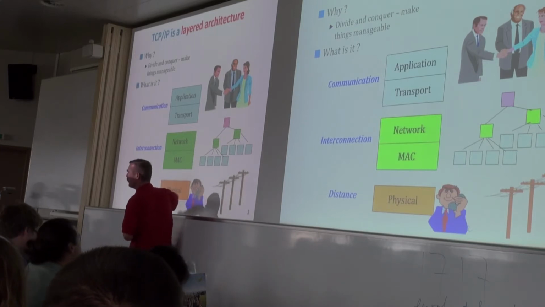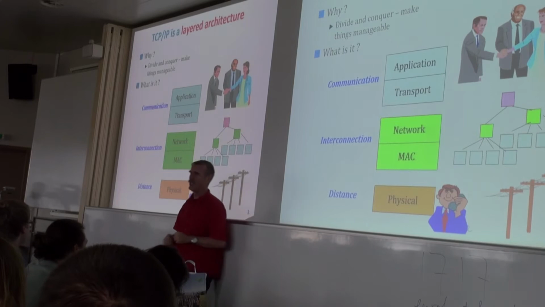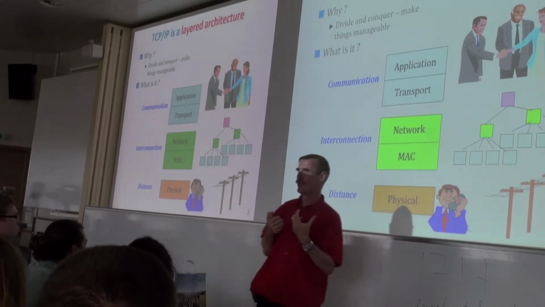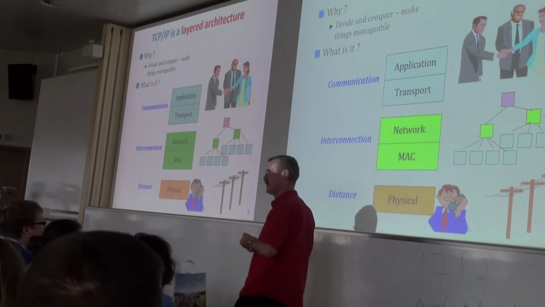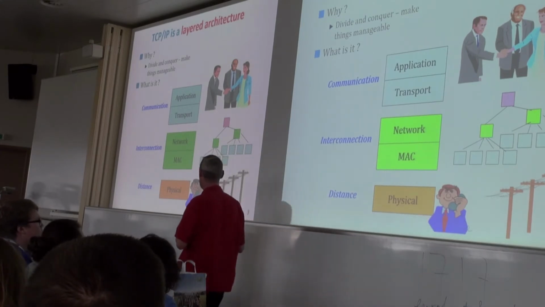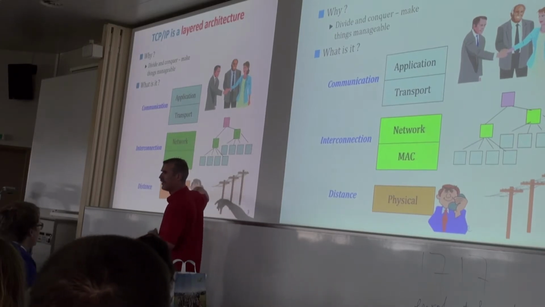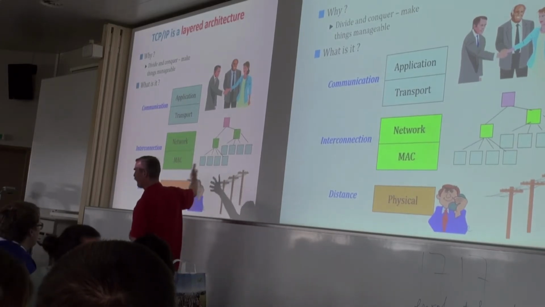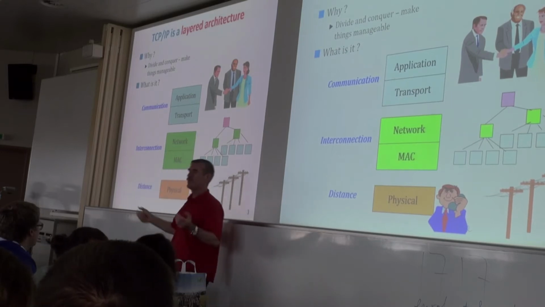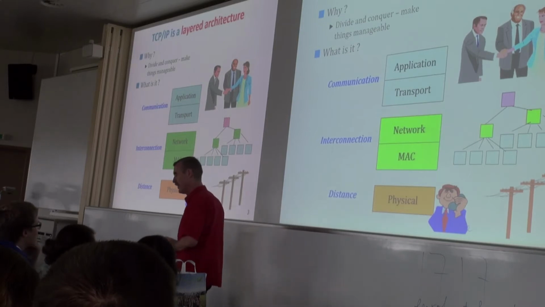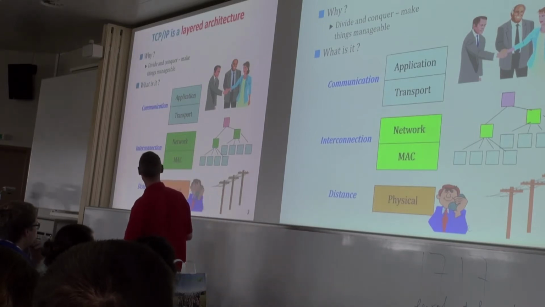The physical layer is about moving information over a physical medium. Even though we like to be in the logical world, at the end of the day, something has to be physical. So the physical layer is about being able to send signals over wires, copper wires, optical fiber, wireless waves, or even acoustic waves for submarine communication.